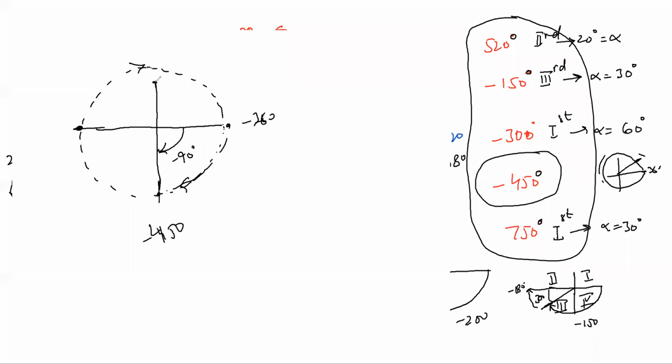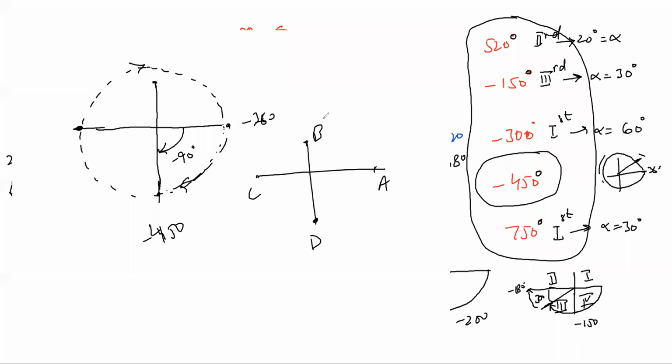This one is going to be 90 degrees. Once again, if there is any point on these locations, let me call these points A, B, C, D. We need to know the locations, the general angles in the simplest form, for all these four critical positions.